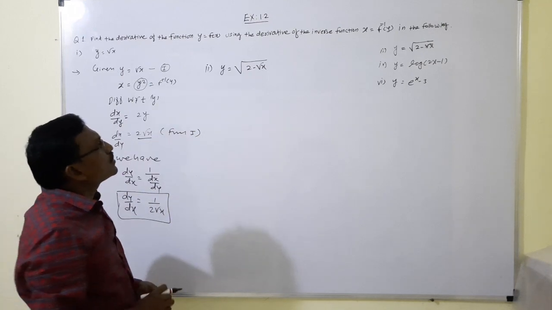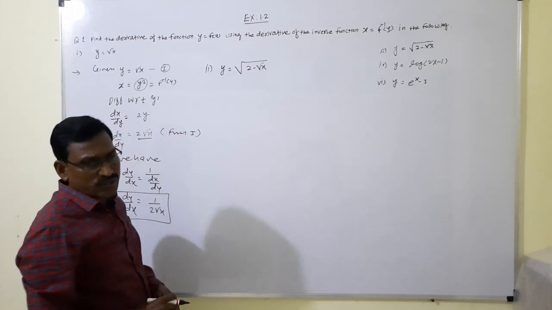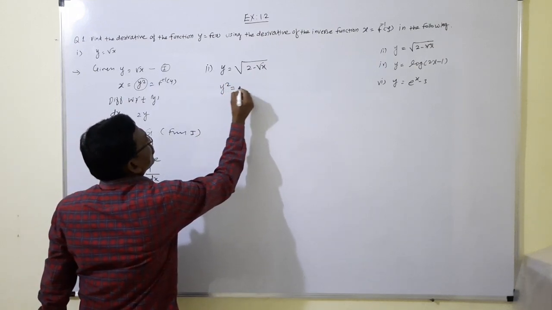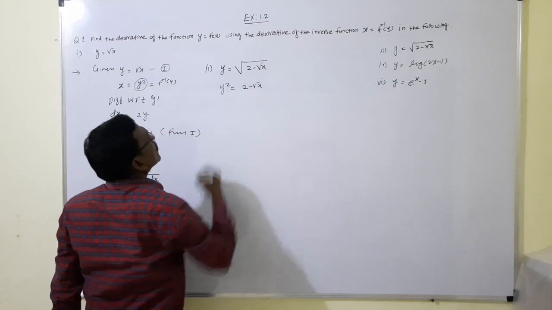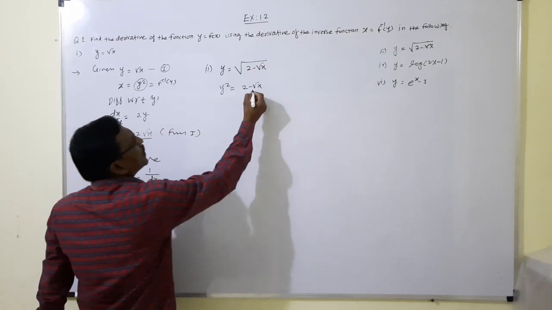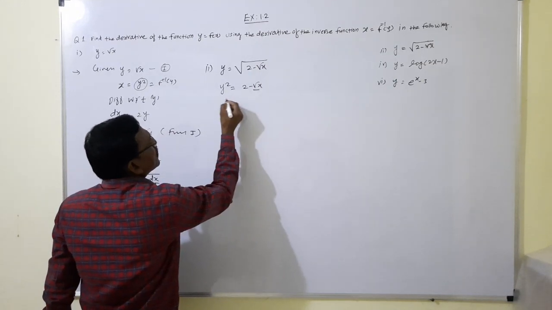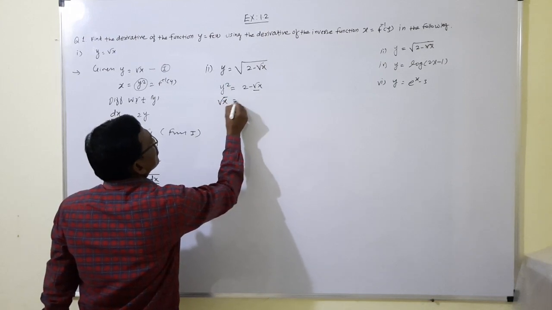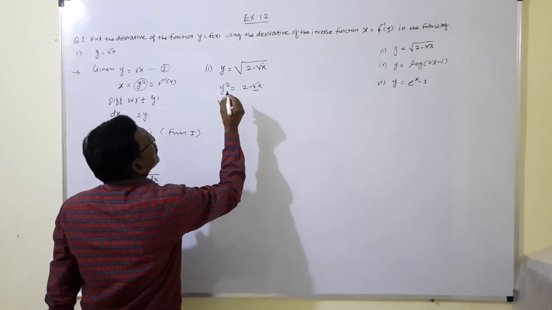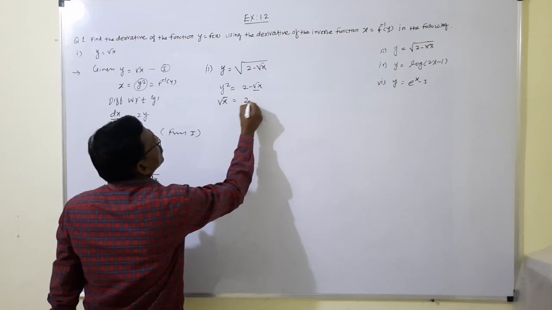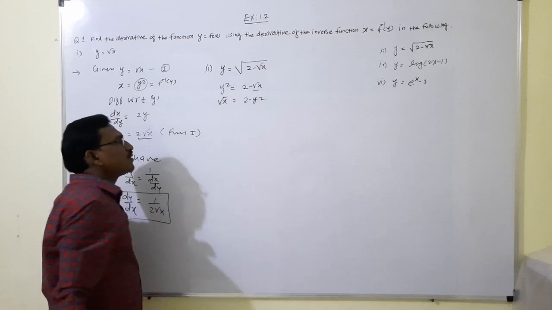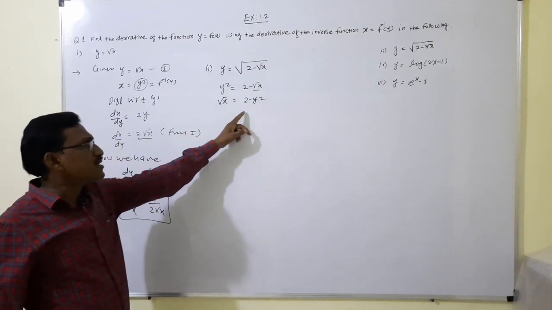Again we take the square on both sides, so y square equal to 2 minus root x. Then we take this root x to the LHS, so it is root x, and on the RHS 2 minus y square, since we take y square to the right hand side, that's why it is minus y square.